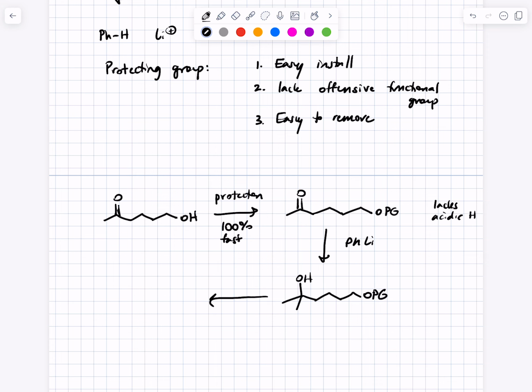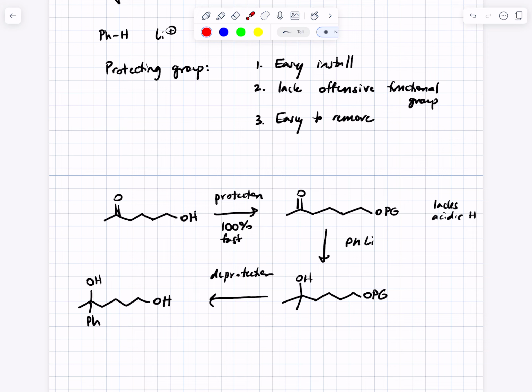And then in a final step, we do a deprotection reaction where we remove the protecting group. It's gone. We can't tell that it was ever there, but we have successfully made our desired product through the sidestep of protection, the reaction that we wanted to do, then deprotection.